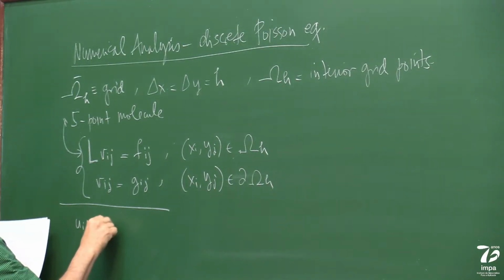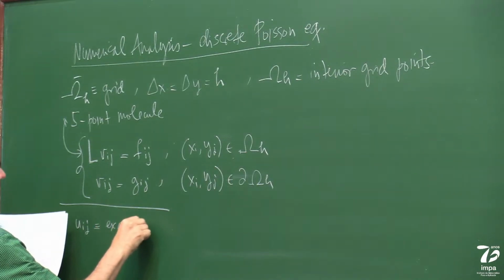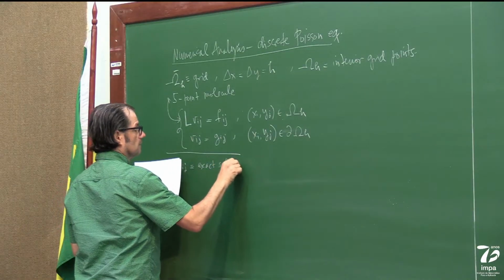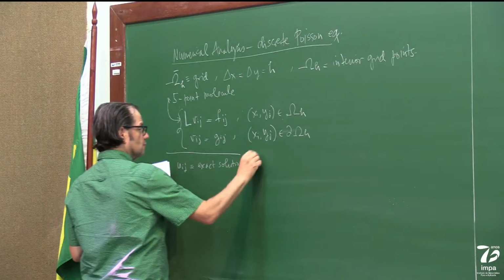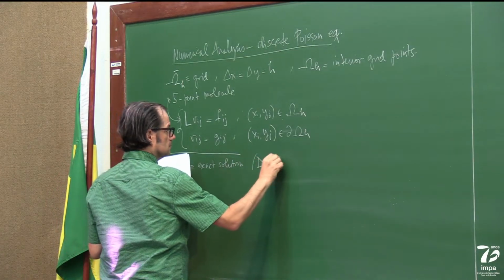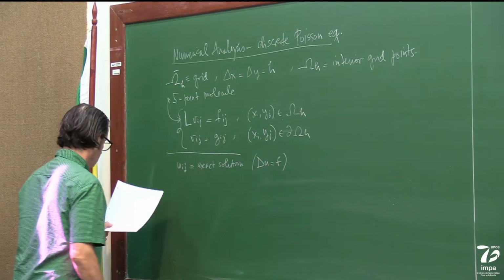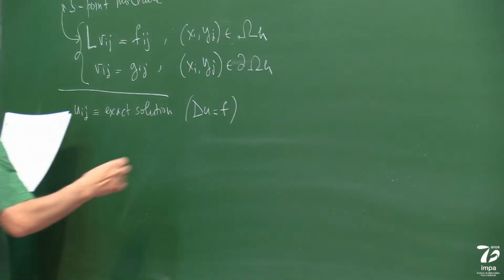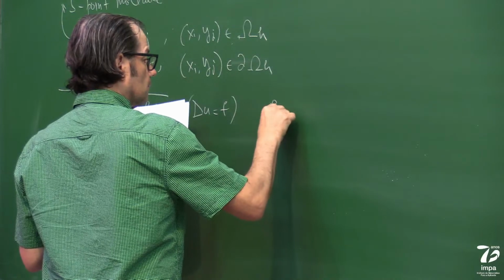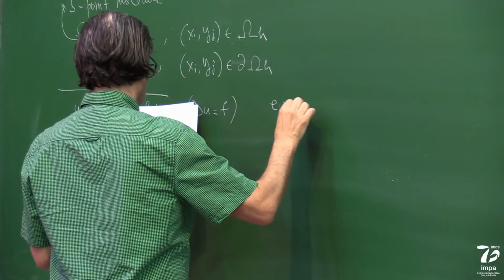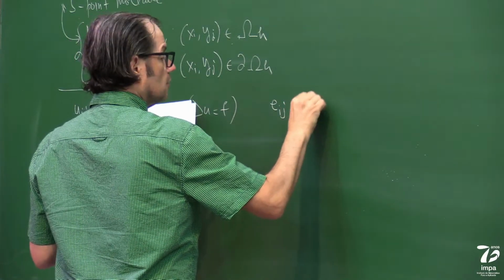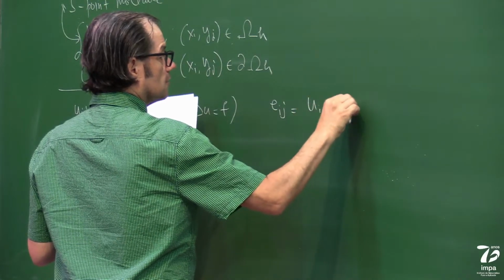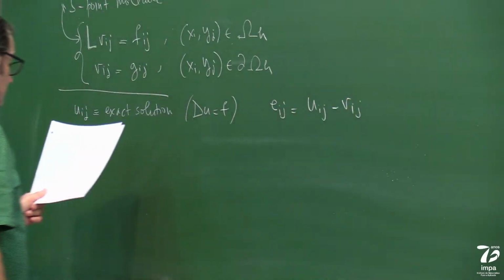I'm going to say that this is the exact solution, and the error is basically the difference, U_ij minus V_ij.